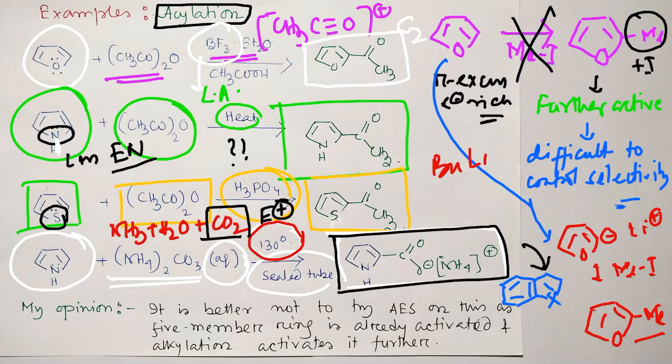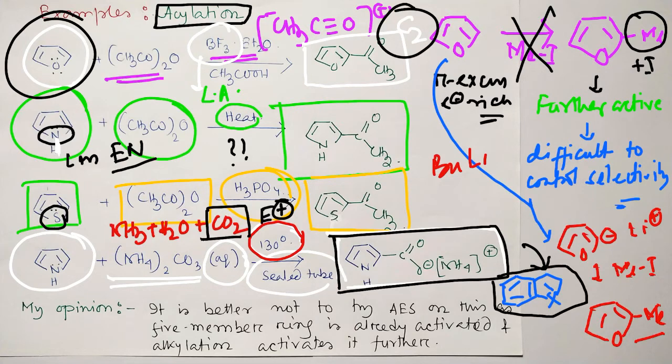So just as an exception, keep it in mind: for a simple ring system it happens at C2, whereas in the case of fusion with benzene it's C3. This is because of a lower energy of activation, since the aromatic stabilization of the benzene nucleus is not hampered in this case. Okay, this is the exception, keep it in mind.